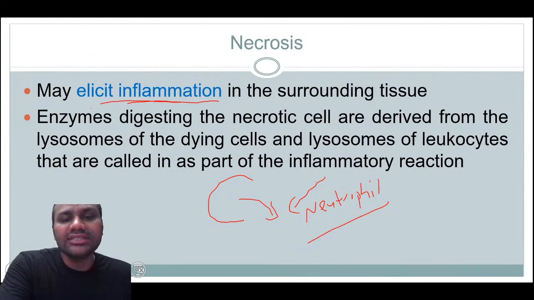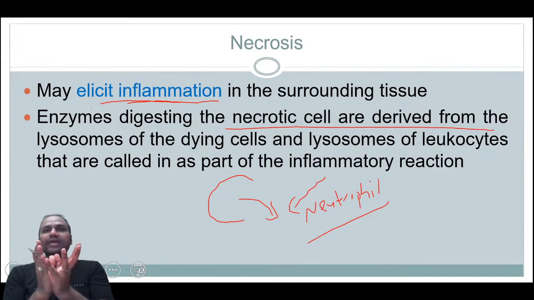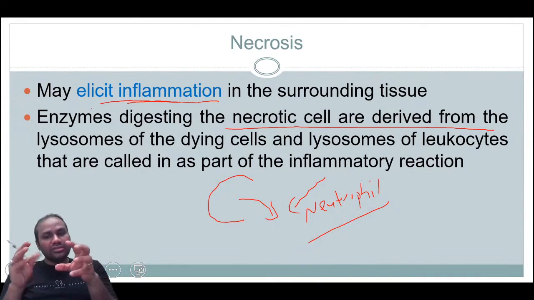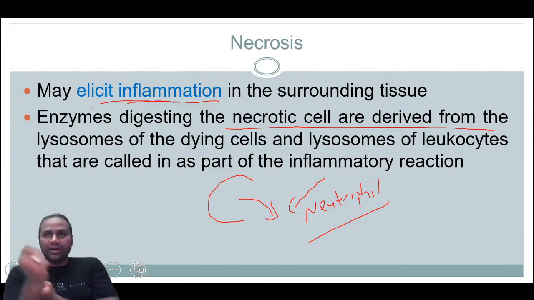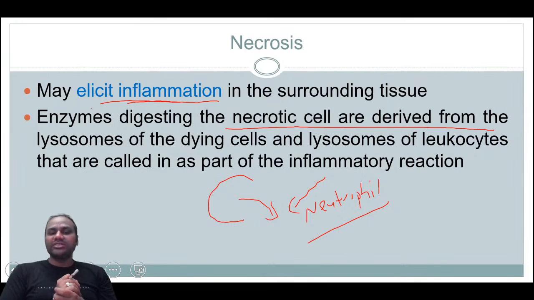Now the enzymes digesting the necrotic cells are derived from cellular enzymes. The inflammatory cells, the leukocytes which have come down, will also secrete digestive enzymes, leukocytic and lysosomal enzymes, and they will also take part in the digestion of the components of the cell.